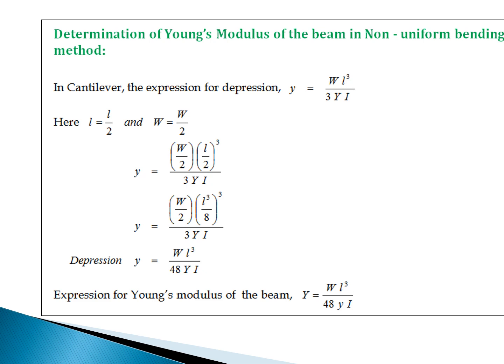So y is equal to W by 2 into L by 2 the whole cube divided by 3YI, and y is equal to W by 2 into L cube by 8. So actually the power 3 will not come in the second equation, just forget the power 3.